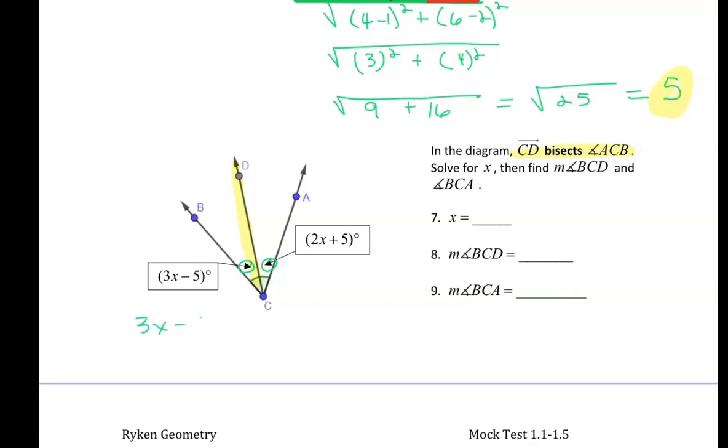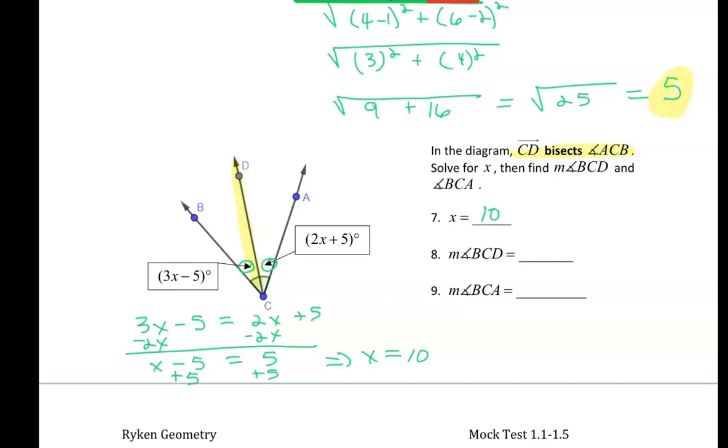Set those equal. Get your x's on one side. Rewrite your equation. This is x minus 5 equals 5. Get your numbers on one side. That gives you x equals 10. That's what I need here.